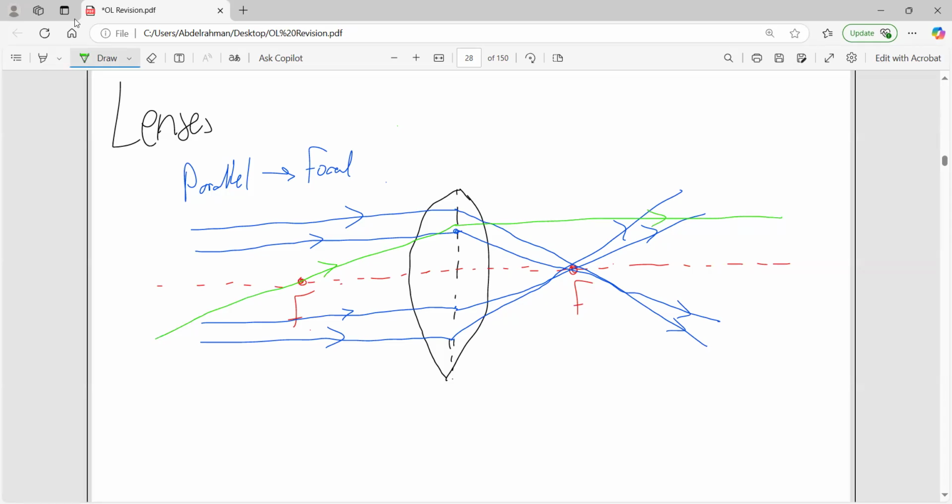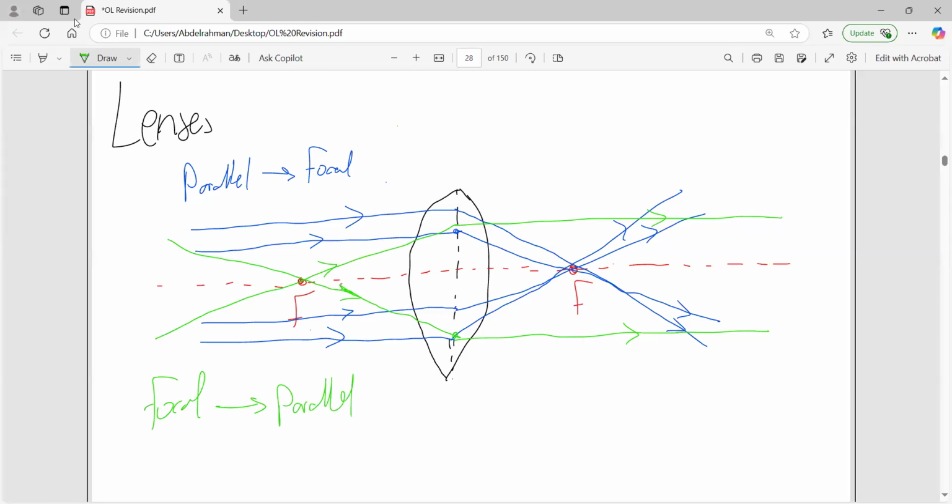So if the light was initially moving parallel, it would bend and pass through the focal point. If it was initially passing through the focal point, it will bend and move parallel.